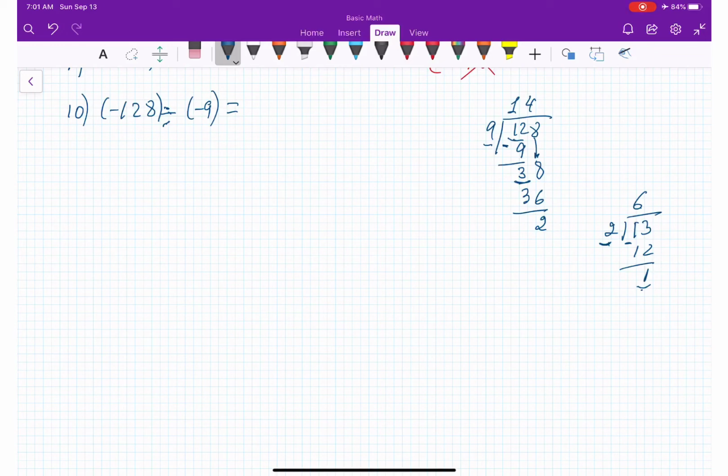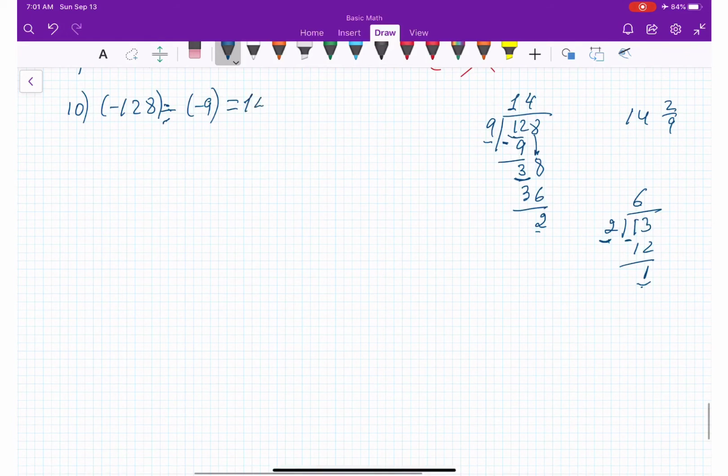When it says integer, that means we can write it as a whole number, right? So what do we get? 14. And this remainder 2 is 2 over 9. If I round it, it's going to be 14, the whole number. It's an integer. Okay? All right.